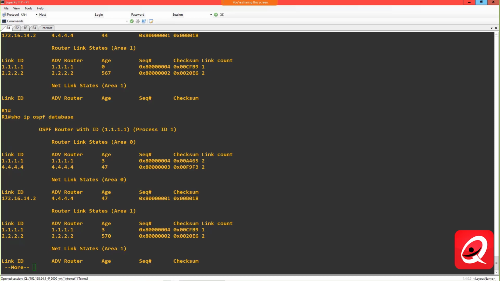So the age is kind of like an incremental timer that allows me to identify the age of the LSA within the database. And the age will always reset after a certain amount of time. If I don't get an update about an LSA for the max age timer, which is 60 minutes, then every 30 minutes I should be resynchronizing my database.